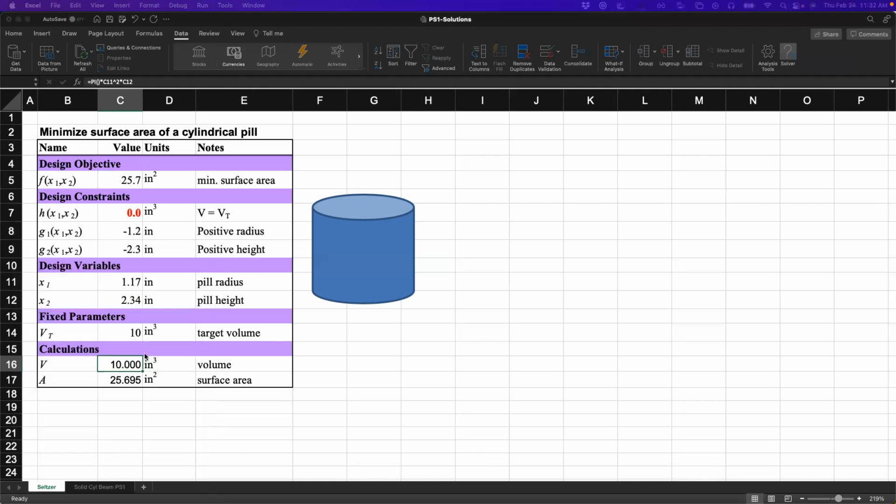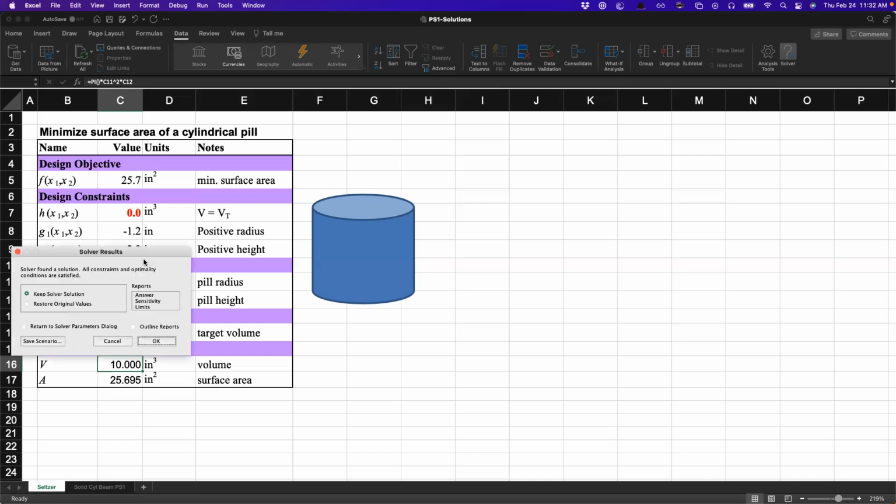Great, okay. So in this case I have a volume of 10, which checks out with that constraint, and I have a surface area of 26. That looks good, and I'm going to say keep my solver solution.